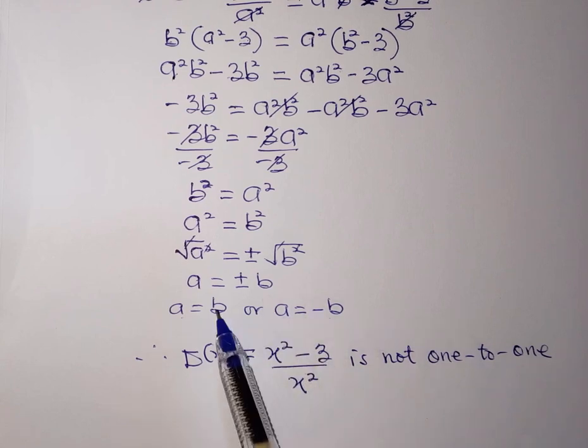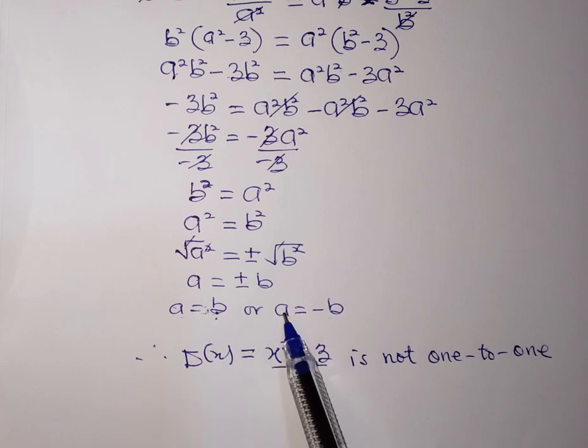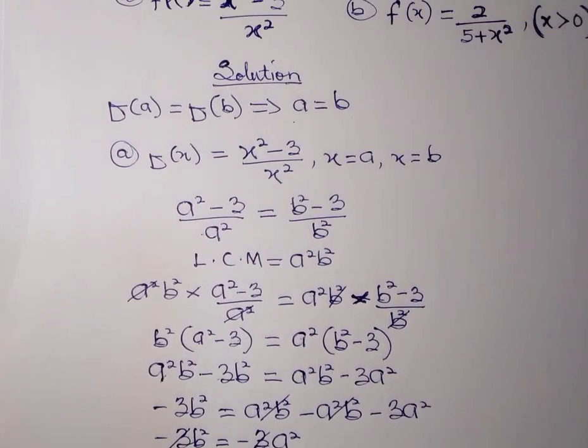Yes, it's not, because I've already explained. If we had gotten only a is equal to b, then it would have been 1 to 1. But since we are having a is equal to negative b, we can say that it is not 1 to 1. All right, now let's try the second one.